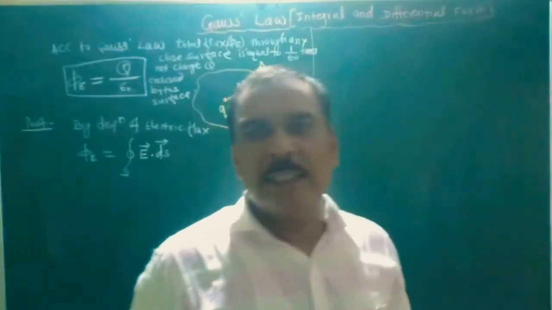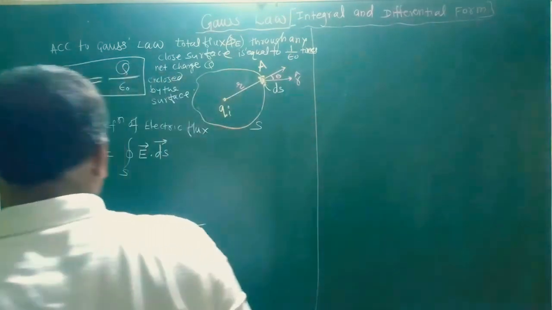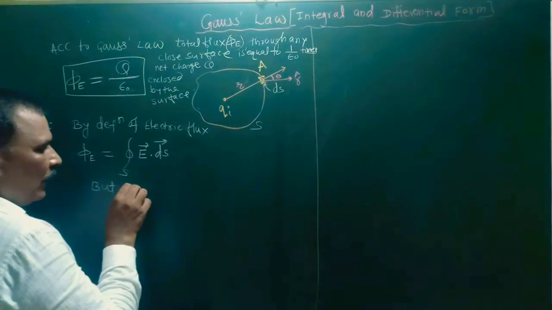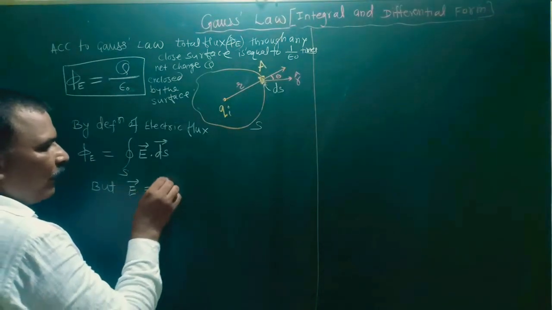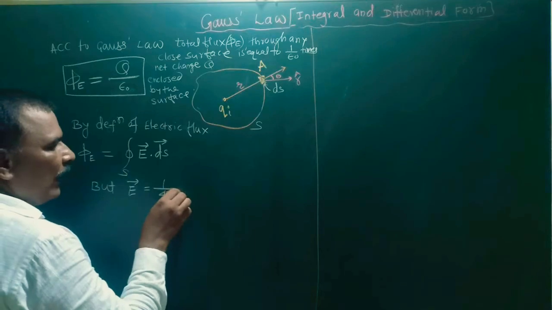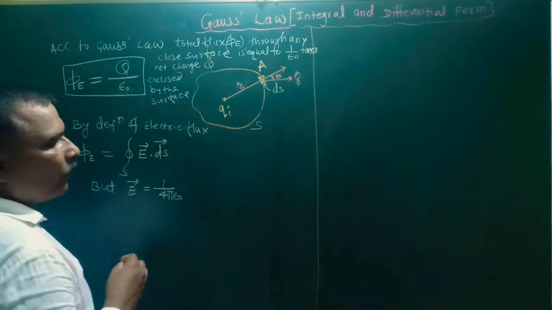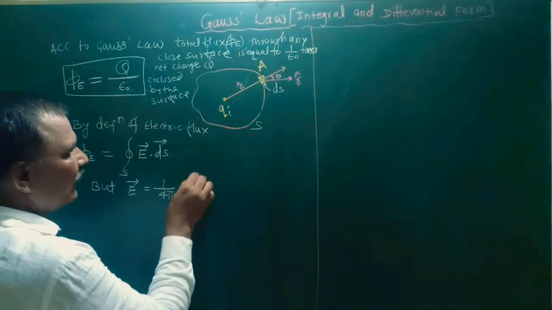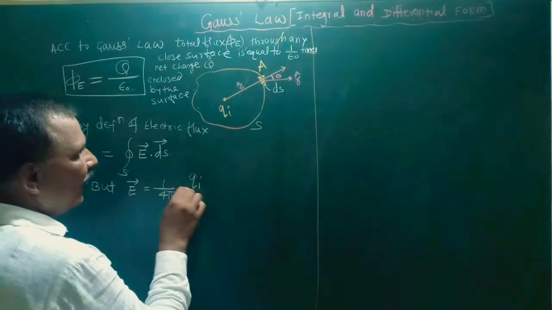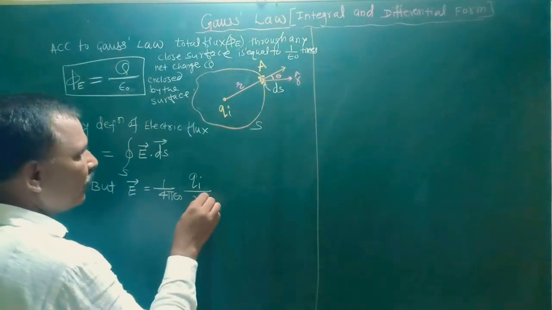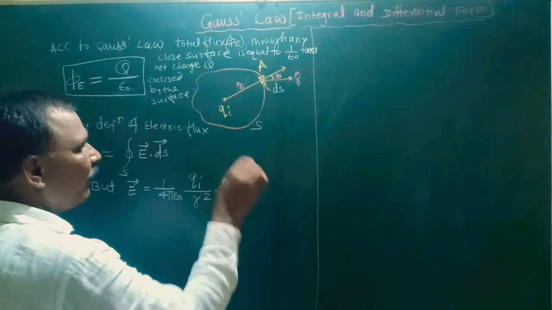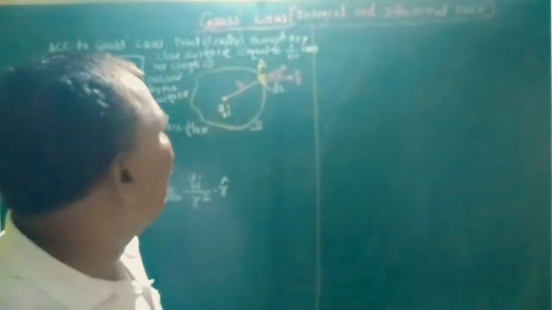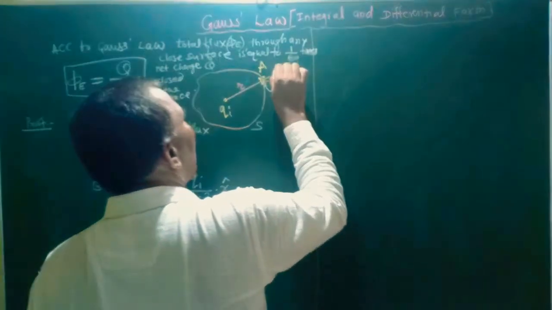But E bar is the electric field intensity, having the formula 1 upon 4 pi epsilon naught into Qi divided by R square into R cap. Here R cap is the unit vector, which gives the direction of E bar.